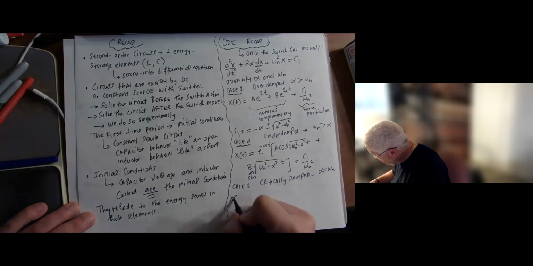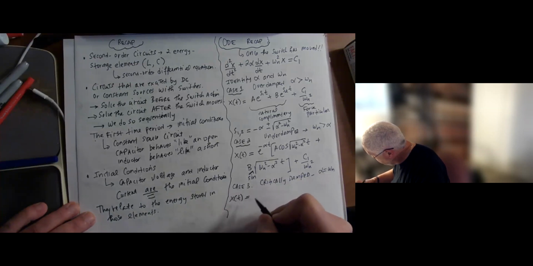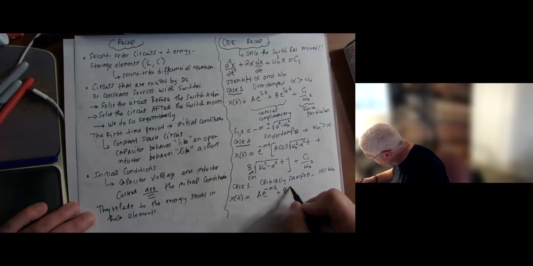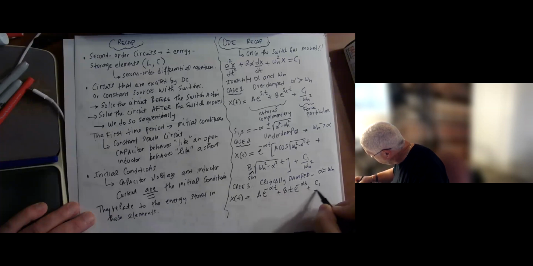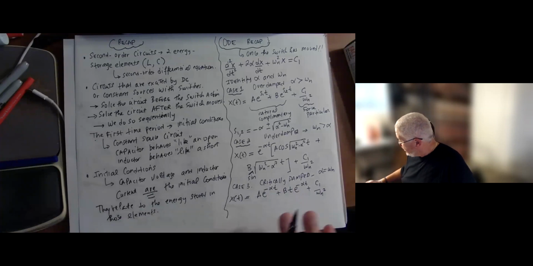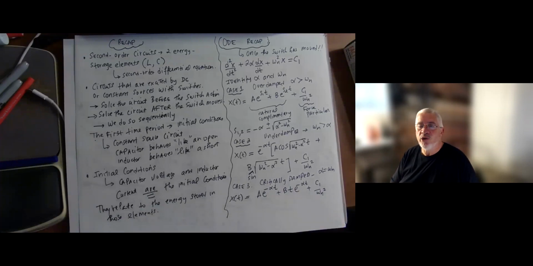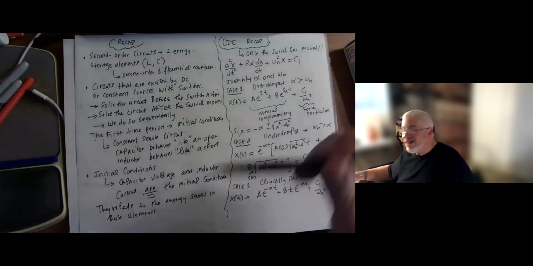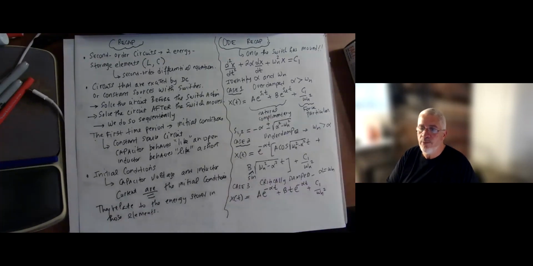So x of t is equal to A e to the minus alpha t plus B t e to the minus alpha t plus C1 over omega n squared. This is the critically damped case, much less important. Generally, you have to tune a circuit to get there. Case one and case two are the dominant and most important cases in real life.